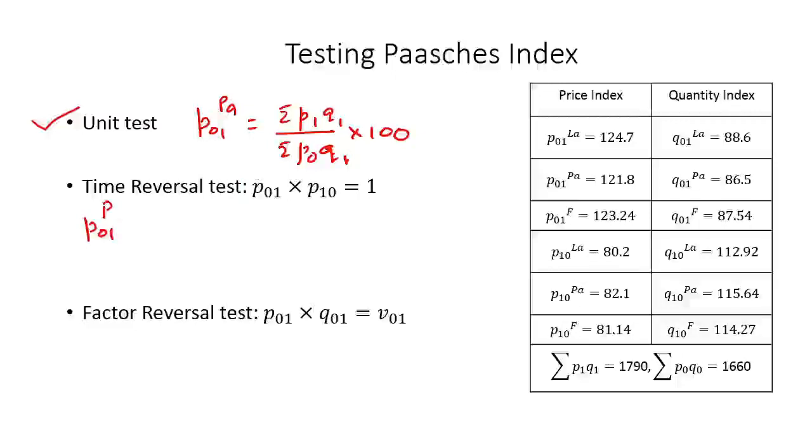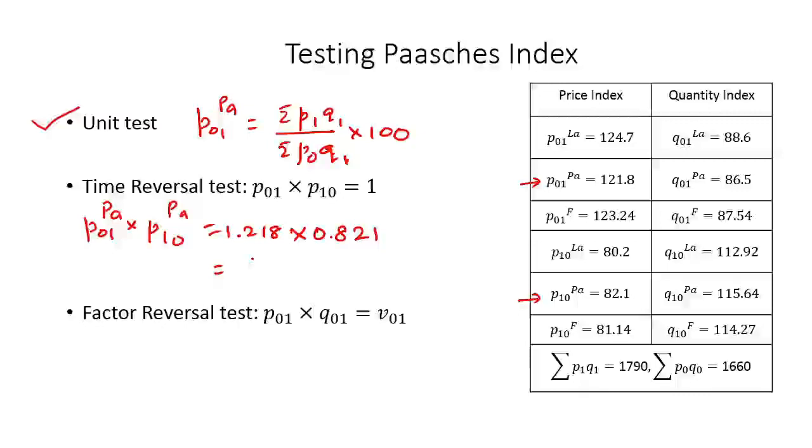So P01 Paasches into P10 Paasches. P01 Paasches is 121.8, so it is 1.218 without the factor 100, into P10 Paasches, which is 82.1, so 0.821.